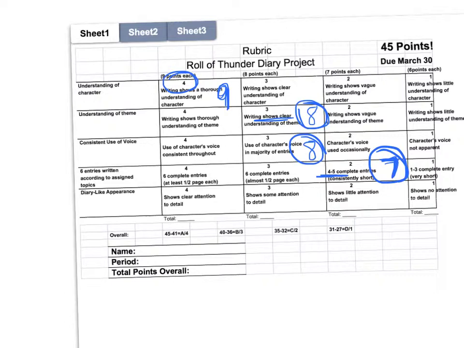And then they showed very, very clear attention to detail. This looks like a diary that could have been from the 1930s. And so they got another 9 points. And then they simply have to add them up and then give an overall total here. Of course, I may or may not agree with that total, but that just gives them an idea of what I am looking for.